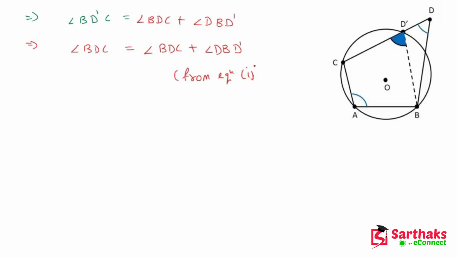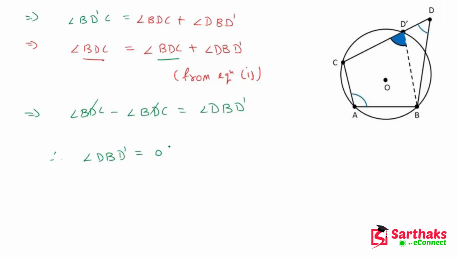If we shift this angle to the LHS, we get angle BDC minus angle BDC is equal to angle DBD dash, so this will be cancelled. So angle DBD dash is equal to 0, meaning this angle becomes 0. So we can say that D dash and D coincide.